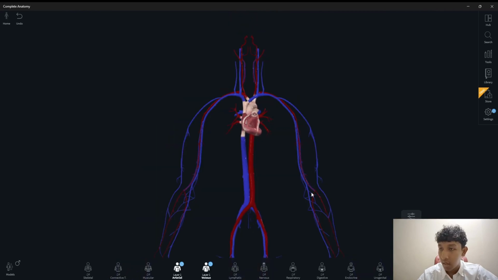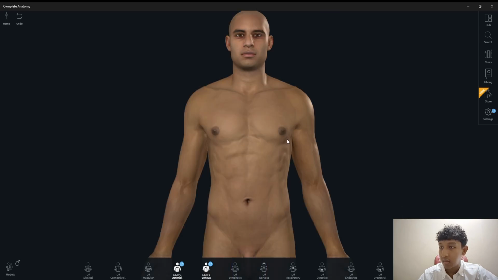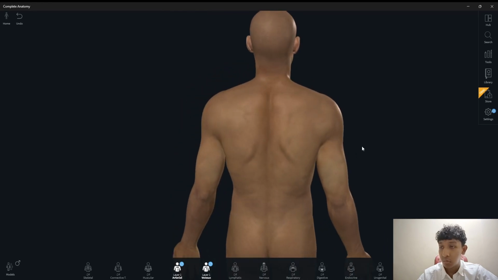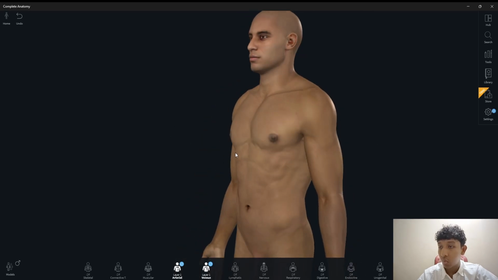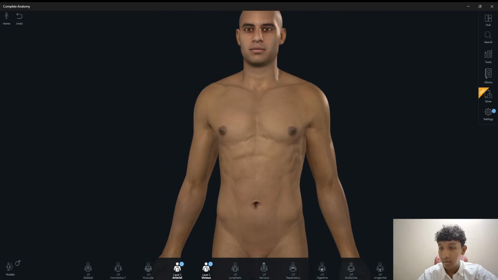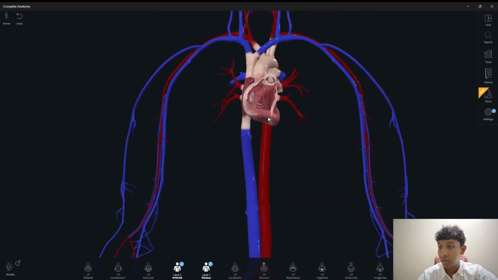You might think that these are the right side and these are the left side, but from the patient's perspective, these are actually the right side and these are the left side. So we are going to flip the entire perspective of what's left and what's right.